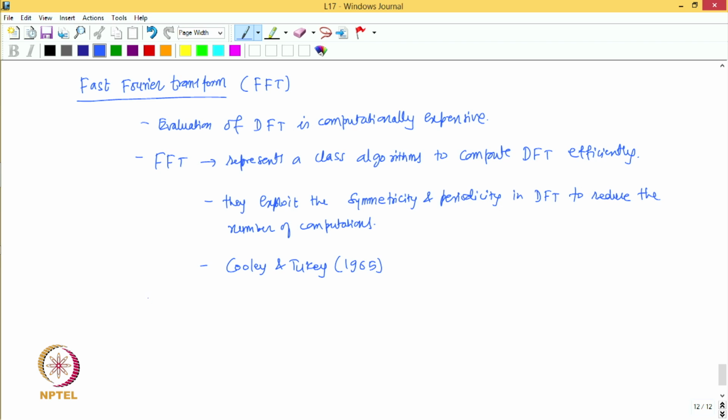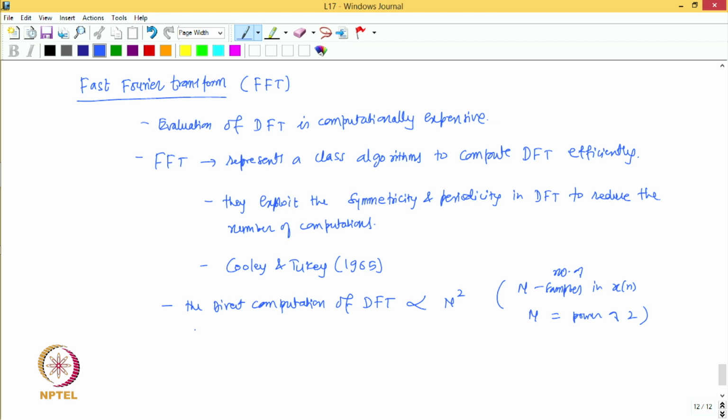If the DFT is computed without any FFT algorithm, that is, direct computation, then the computation is proportional to N square, where N is the number of samples in the signal x[n], and generally it is preferred that N is a power of 2, like 2 to the power 8, 2 to the power 10 and so on.